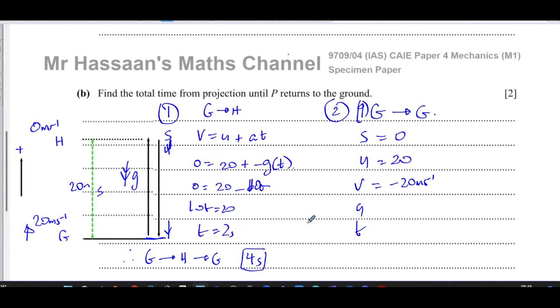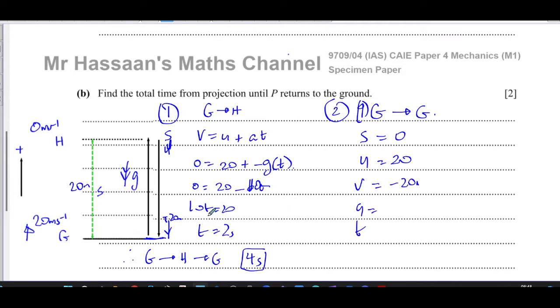It's come back down to the same level, so its speed will be the same as when it was thrown, if there's no air resistance or any other resistance to motion, as we can assume in this question. It's 20 downwards, so minus 20.